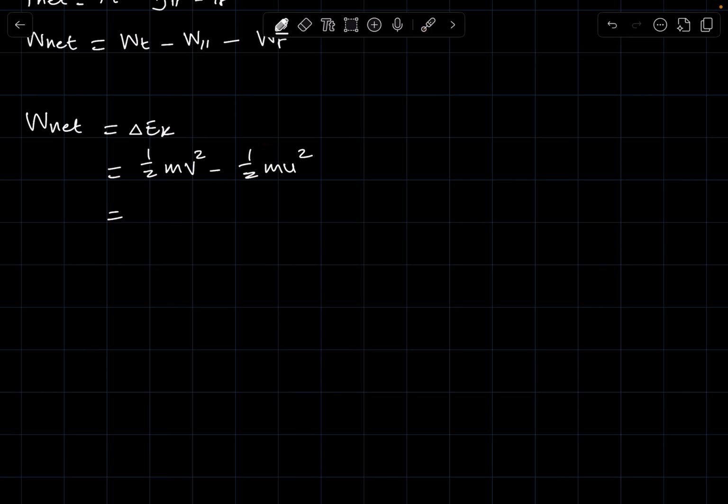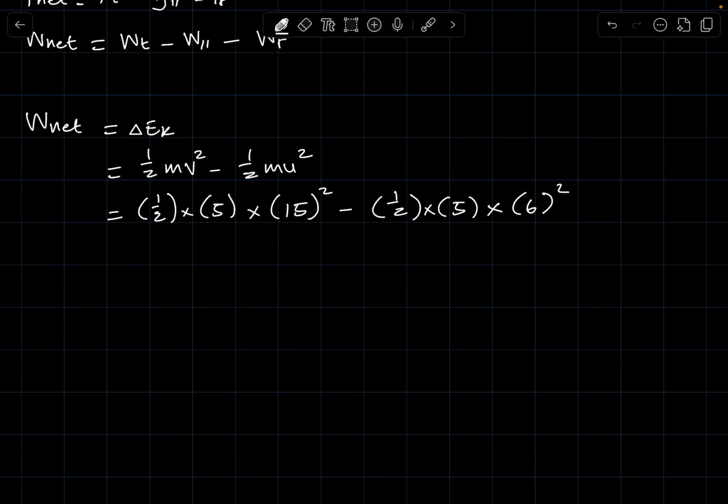Now you substitute. This is half, mass is 5 kgs, final velocity is 15 meters per second, squared, minus half, mass is 5 kgs, initial is 6, squared.